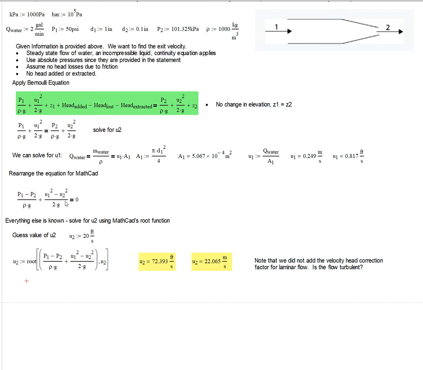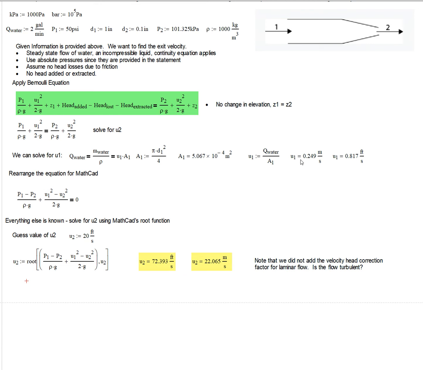The reason why I moved all the terms over to the left side is because this is how the root function works in MathCAD. You take the left side, set that function equal to 0, and then ask MathCAD to solve for U2 in that function. And as you can see, we get a value of 22 meters per second, or 72.4 feet per second.